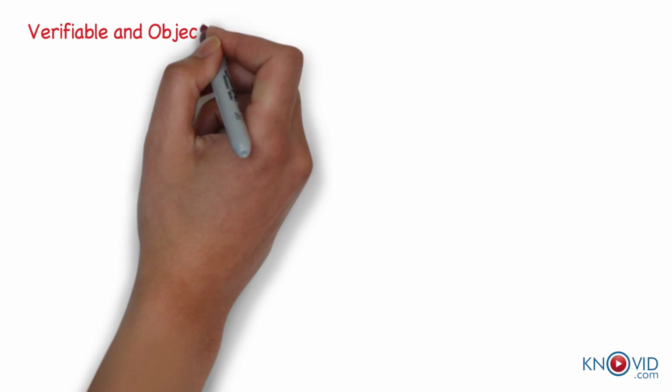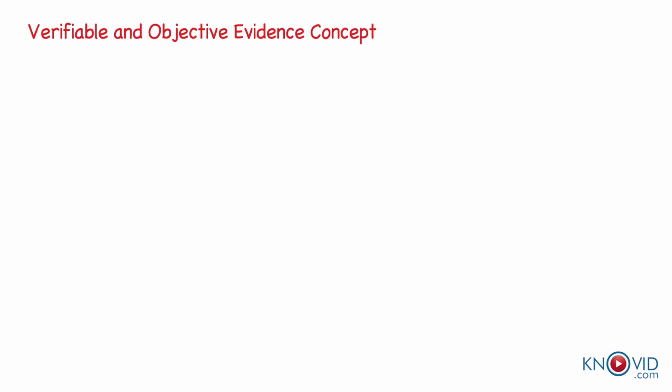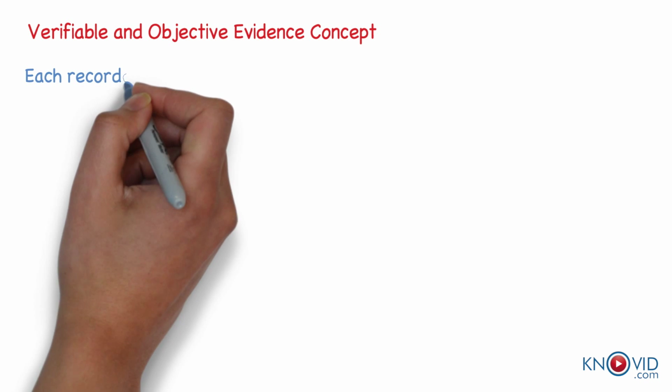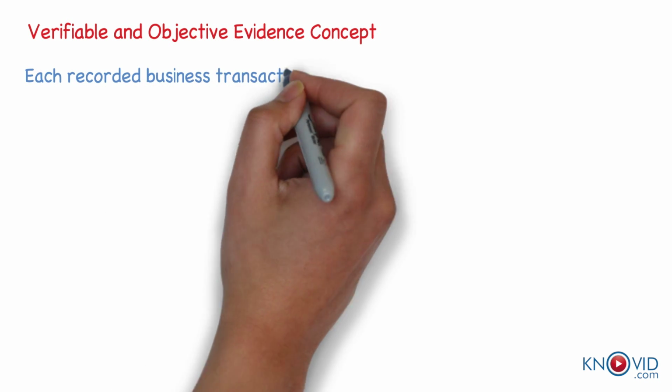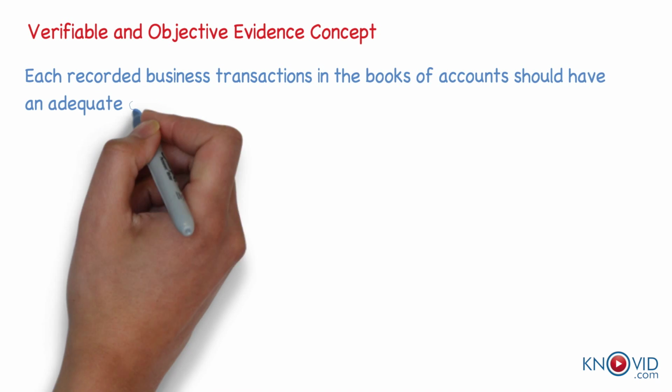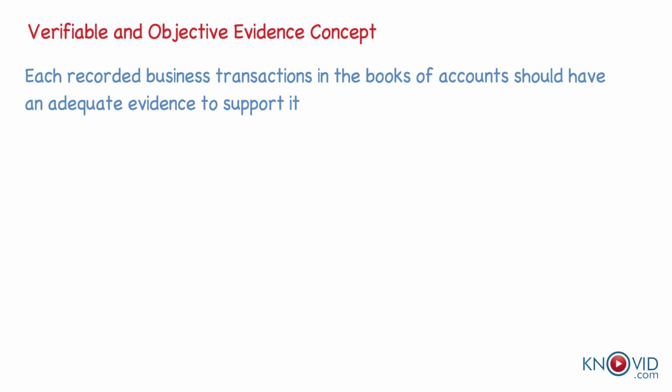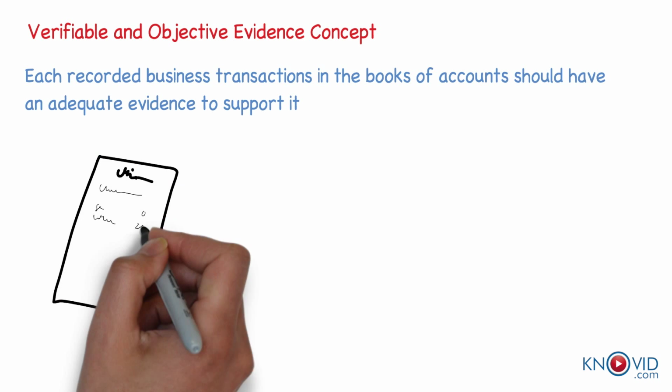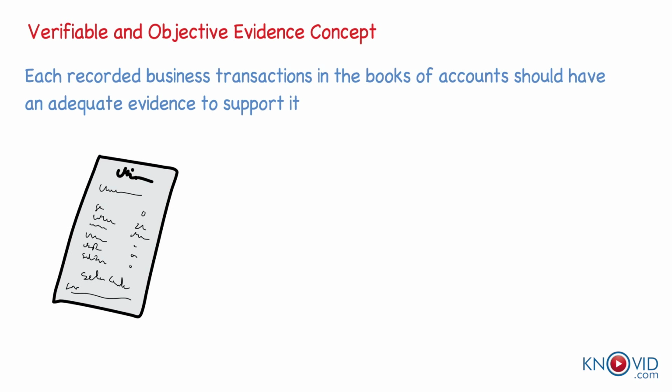Verifiable and objective evidence concept requires that each recorded business transaction in the books of accounts should have adequate evidence to support it. For example, cash receipts for payments made should be available.